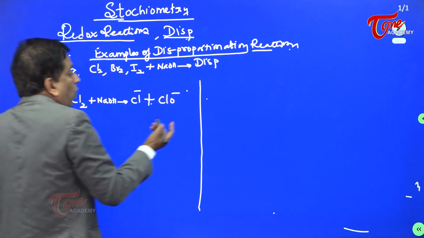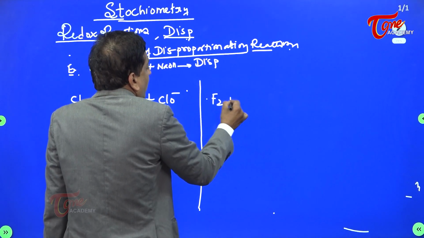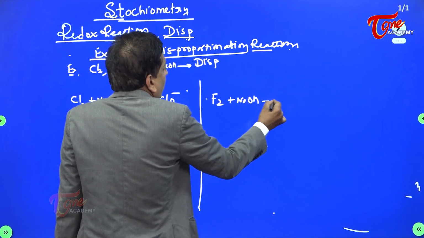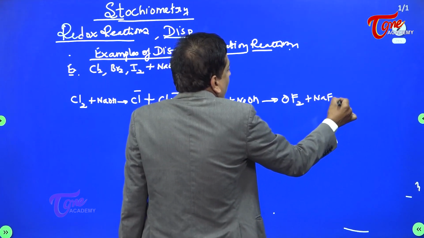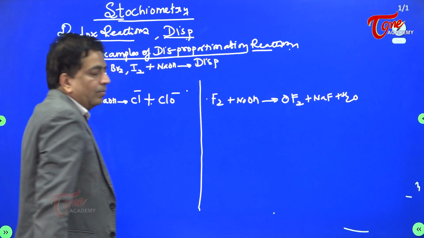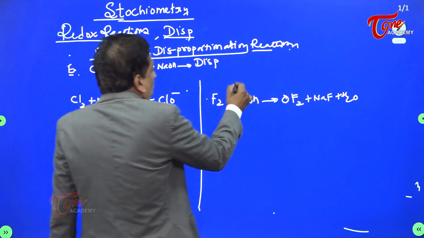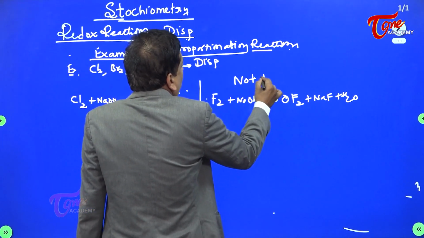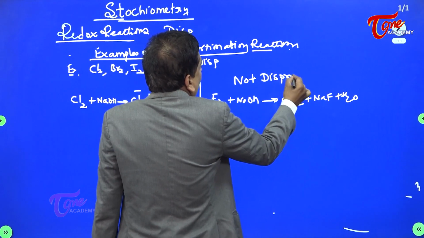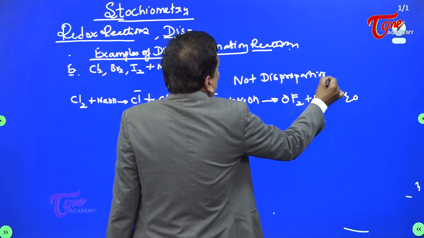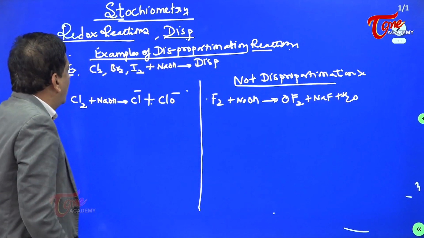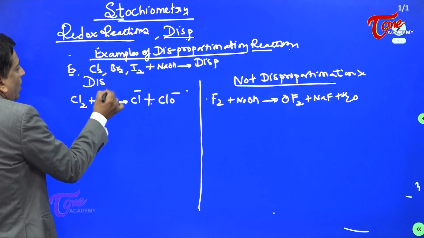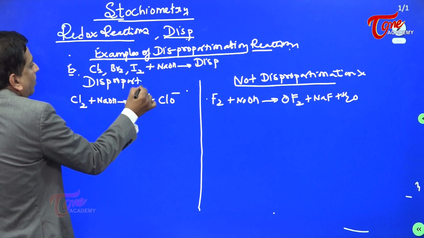But if you look into fluorine here, with NaOH, you get OF2 and NaF and water. And this is not disproportionation. Whereas this is what? Disproportionation.